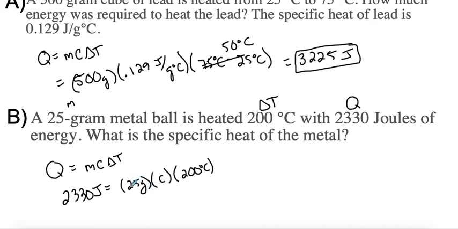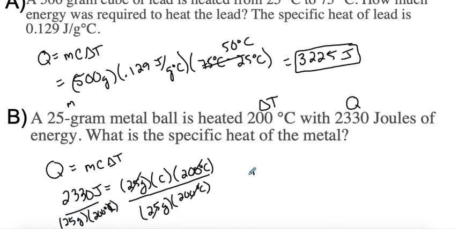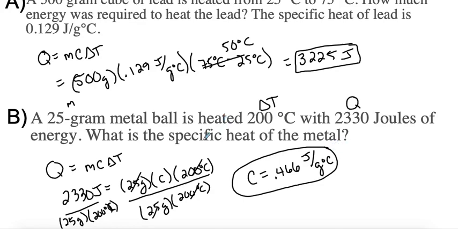So if you wanted to, you can multiply these two and then divide, but we know that if we want to move these from one side to the other, we can just divide them both out on both sides. And when we do that, we get a value for C of 0.466. We have to make sure our units are correct, so we have joules, grams, Celsius. So joules per gram degree Celsius. That is the specific heat of this material, and we could go look up that specific heat to find exactly what the material is if we wanted to.